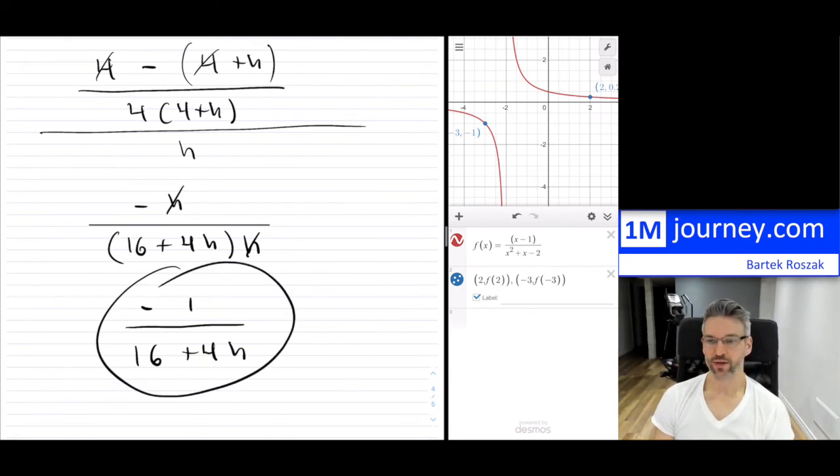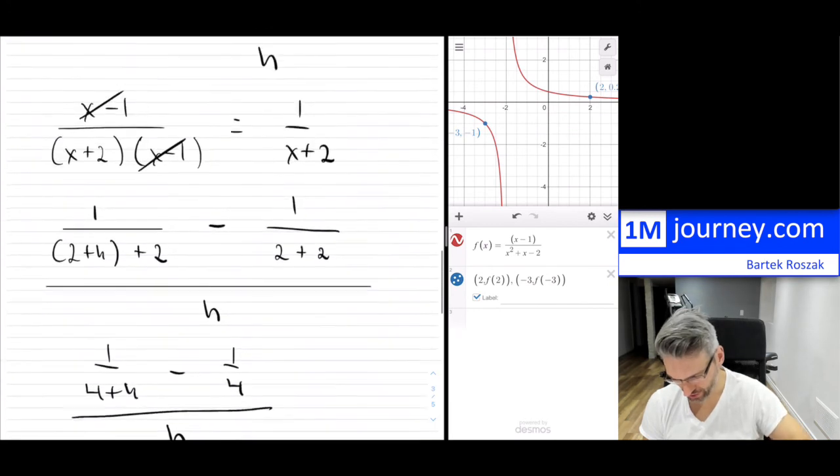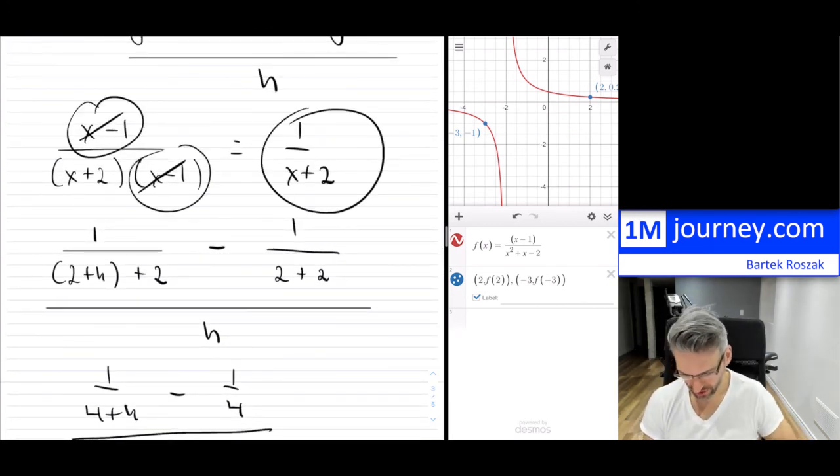All right, so here you go. I manipulated it. It's not bad because of the fact that you had that hole. So this cancels out. So really our function is kind of this on at 2.